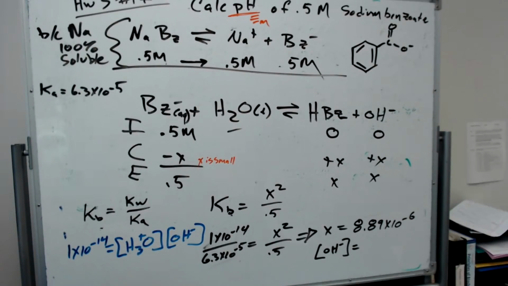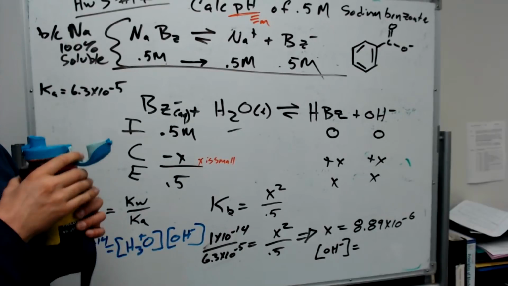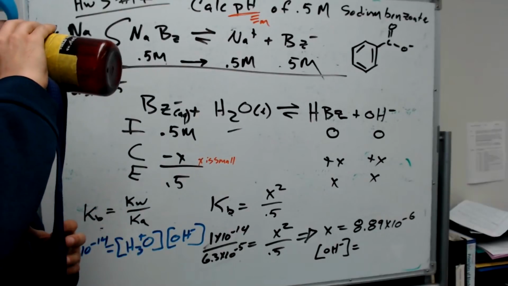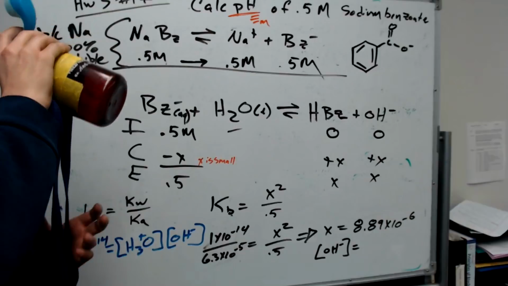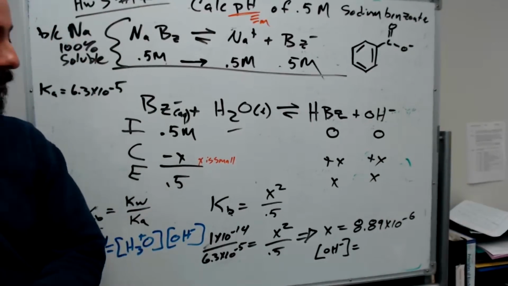So the X that you just calculated is the concentration of OH minus at equilibrium, right? Benzoic acid is a weak acid, so it'll partially dissociate. But we're just assuming that it all sticks together as HBz for the purpose of this problem. No, how much sticks together?